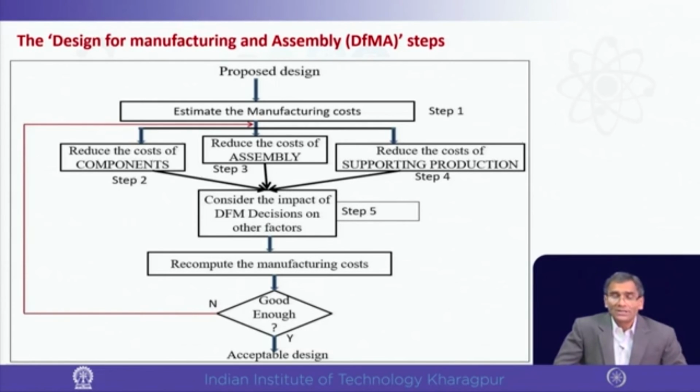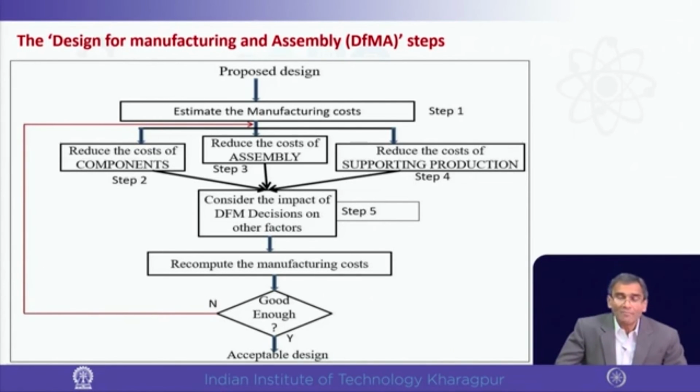Steps 2, 3 and 4 are parallel: component cost, assembly cost and support production cost. Support means all kinds of support, starting from equipment maintenance to quality control, everything, and procurement of material, etc., and assembly and component making. Components go into assembly.